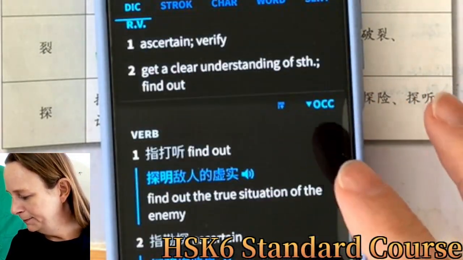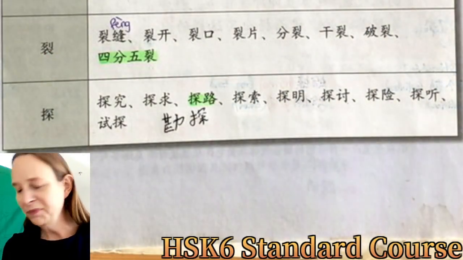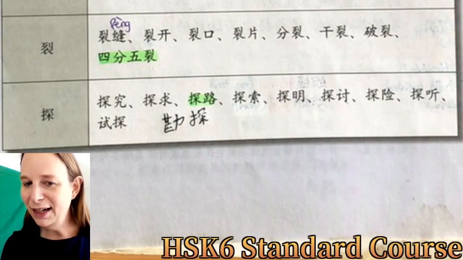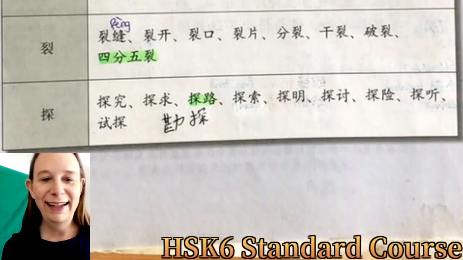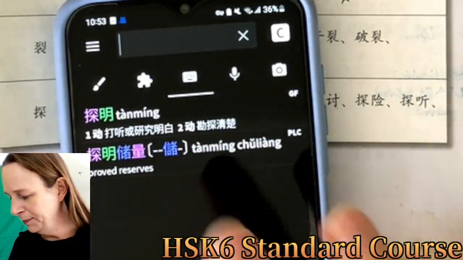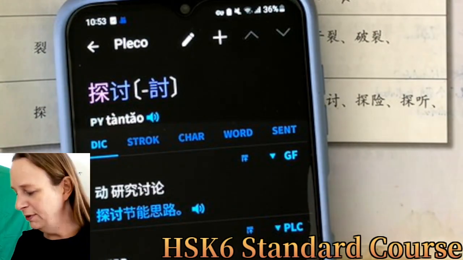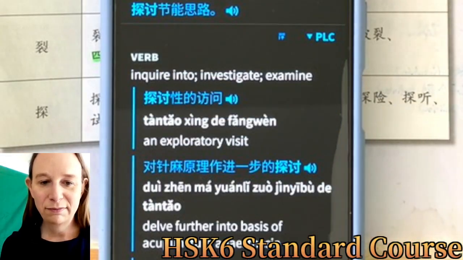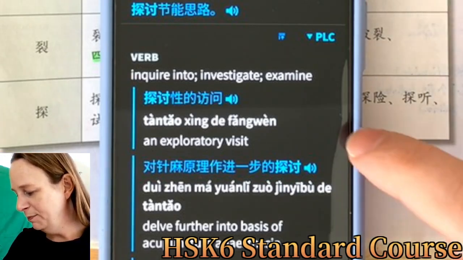I'm not quite sure what a coal field is. 储量 is how much coal there is in that coal field. All right, kind of what you expect though. 探明, 探讨, so I guess this is explore through discussion. Maybe in today's seminar we will explore through discussion, 探讨. 研究讨论, yeah, explore through discussion, inquire, investigate, examine certain topics. 探讨性的访问, exploratory.